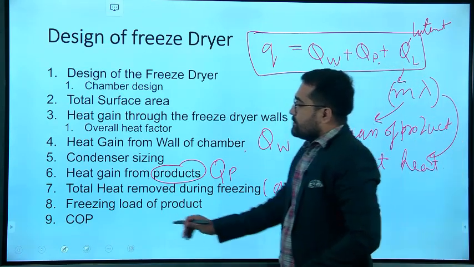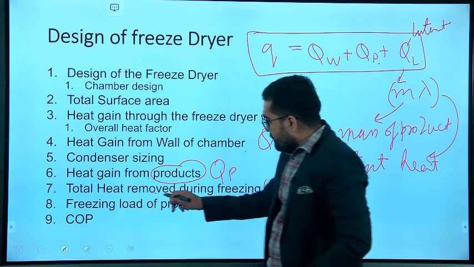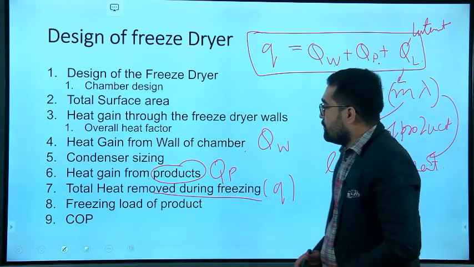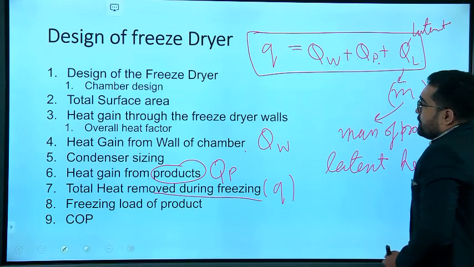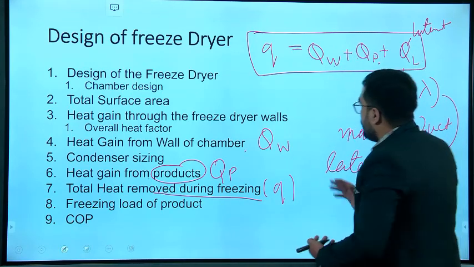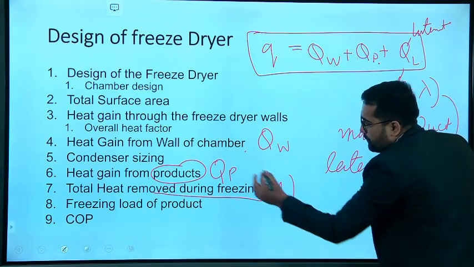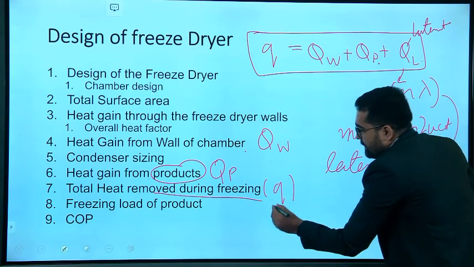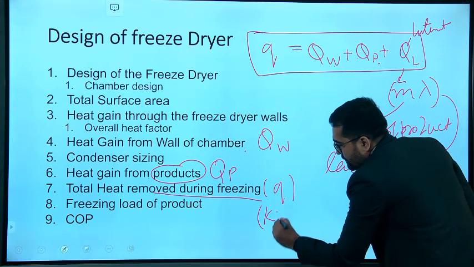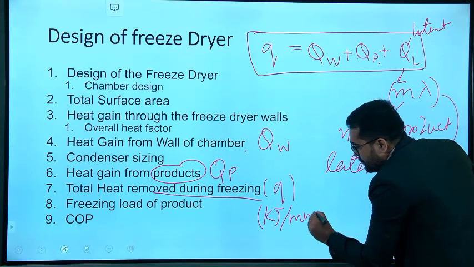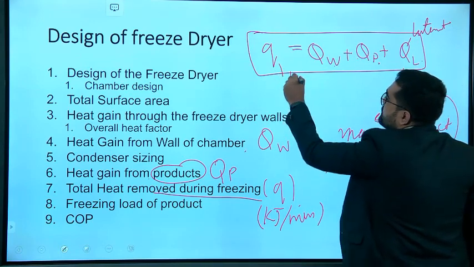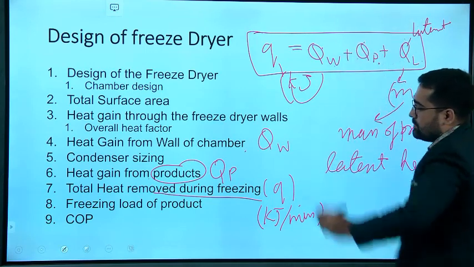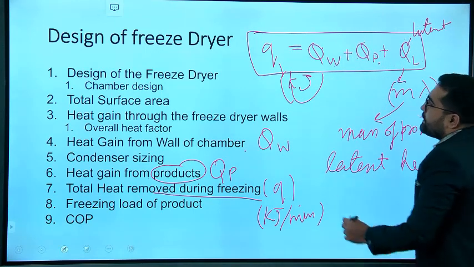After finding out the ultimate heat, we find out in how much time we are removing the heat. The total heat removed during freezing can be given in kilojoule per minute.